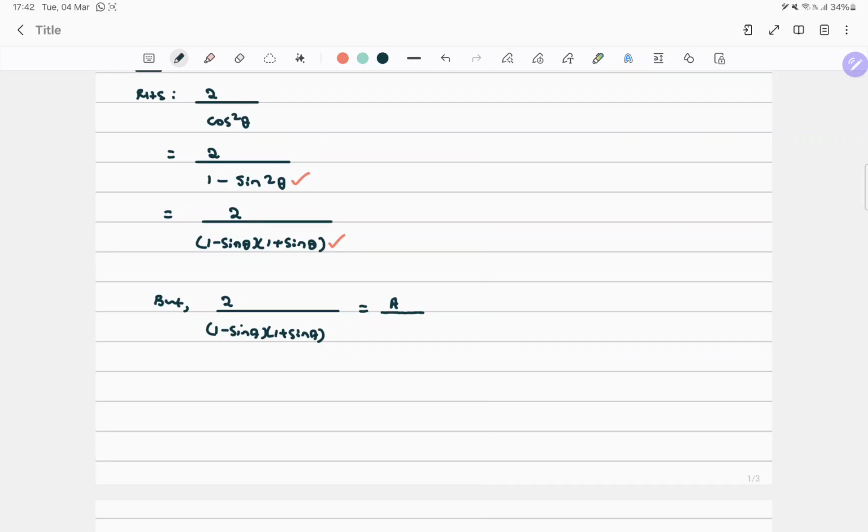A constant A over the first bracket of the denominator, which is 1 minus sine theta, plus maybe B, this is a constant, of course, divided by 1 plus sine theta. So what did I call this situation? We call it the partial fraction decomposition.